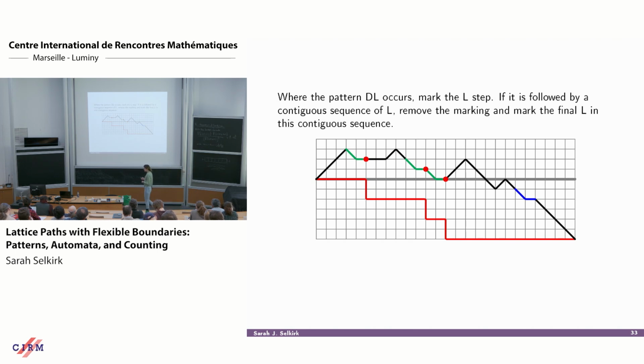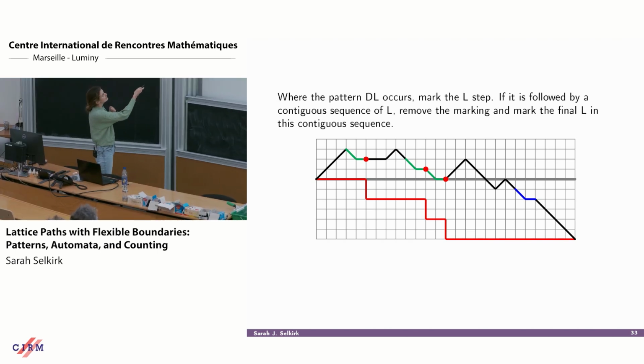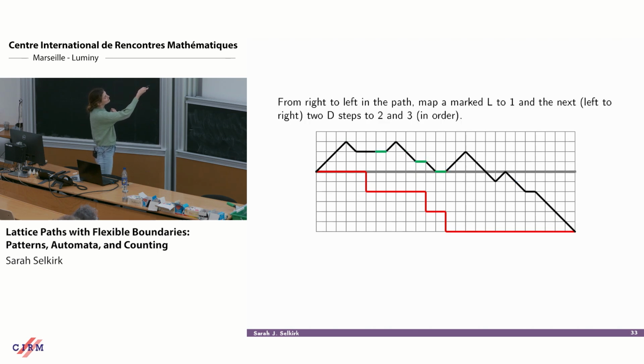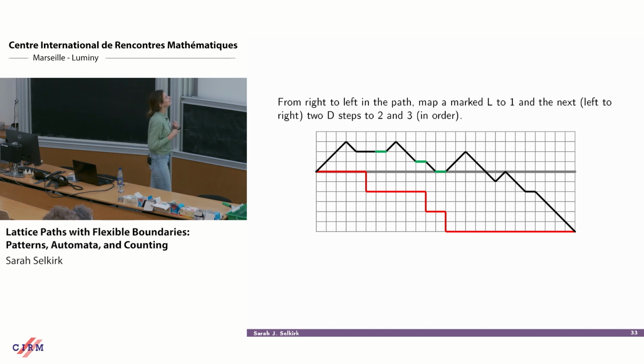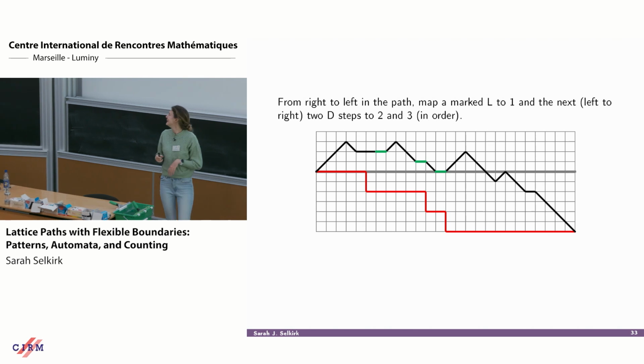In some cases, the level step might not be the rightmost level step in a contiguous sequence of level steps. Okay? And in this case, we're going to take one that's not the rightmost in a contiguous sequence of level steps and move it to the rightmost position, sorry. Okay, left and right is a bit difficult for me.